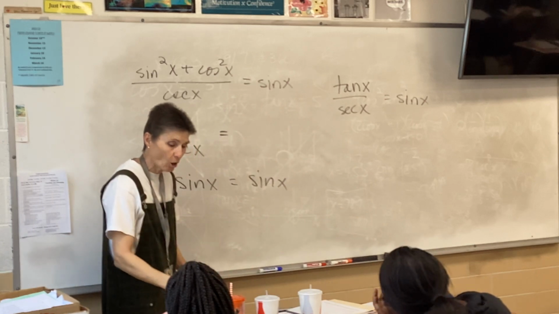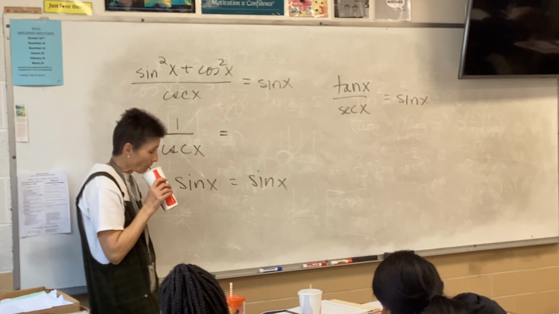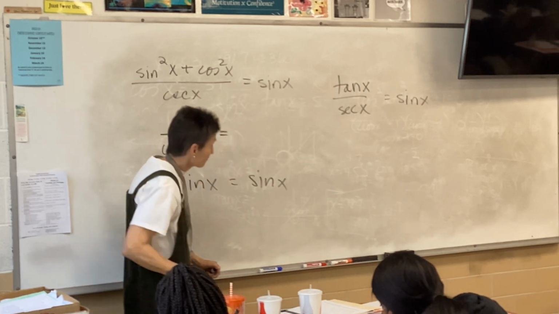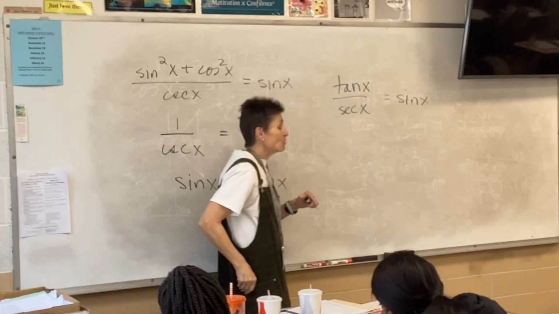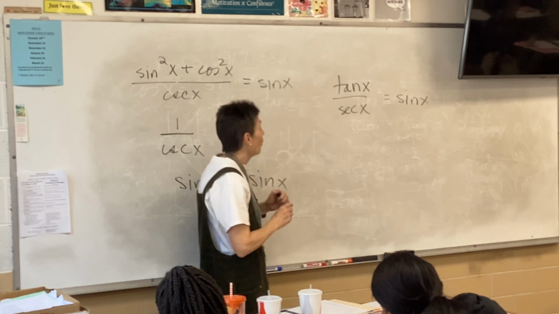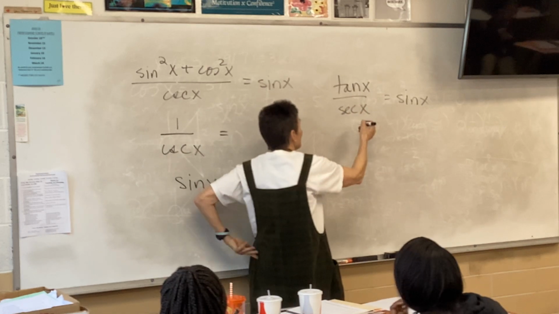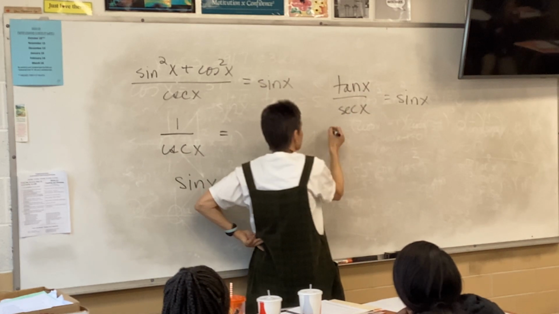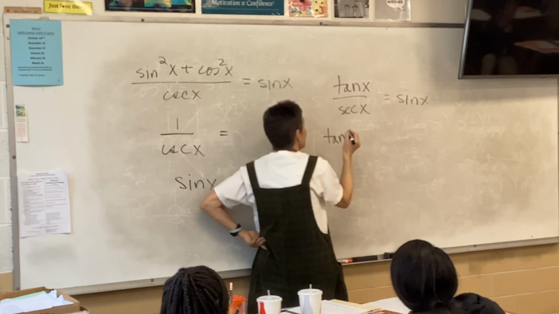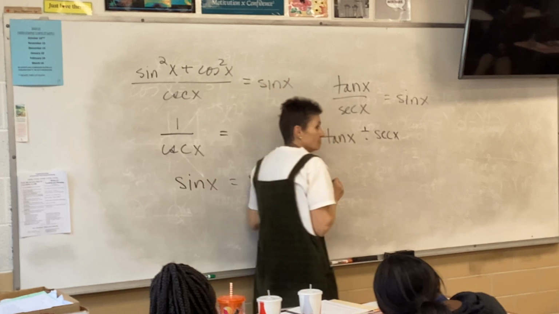Again, we're keeping an open mind. We are not freaking out. I do have a little suggestion for you. There are a whole lot of problems like this, but sometimes it's easier to rethink this as literally tangent divided by secant.